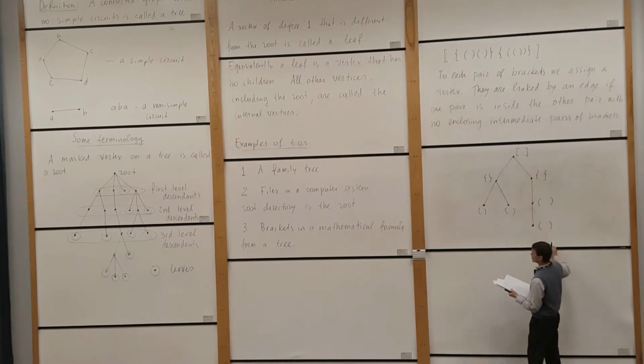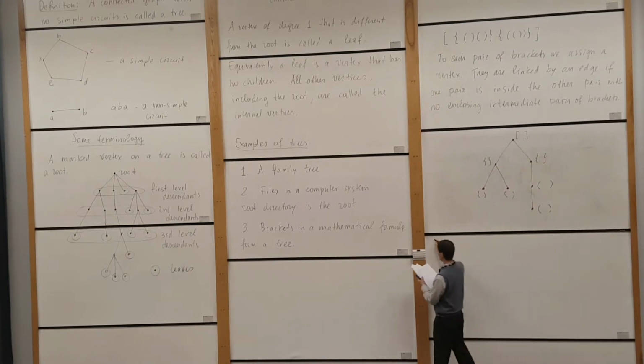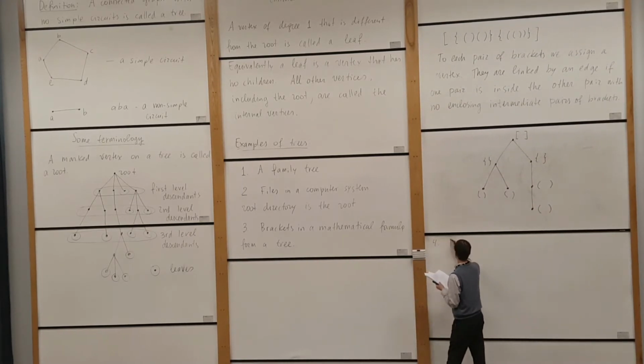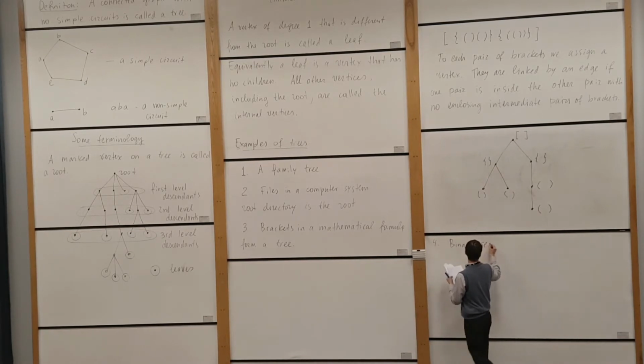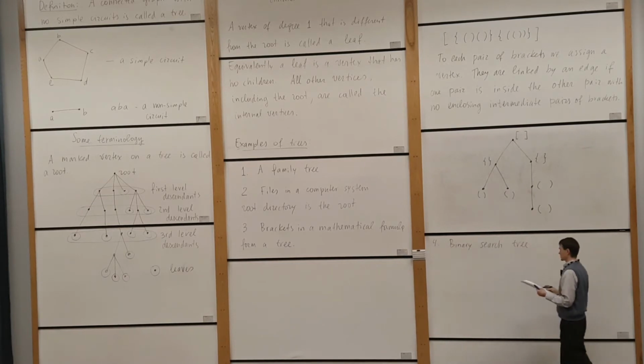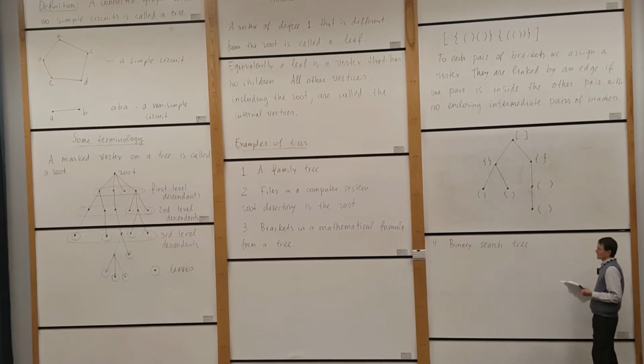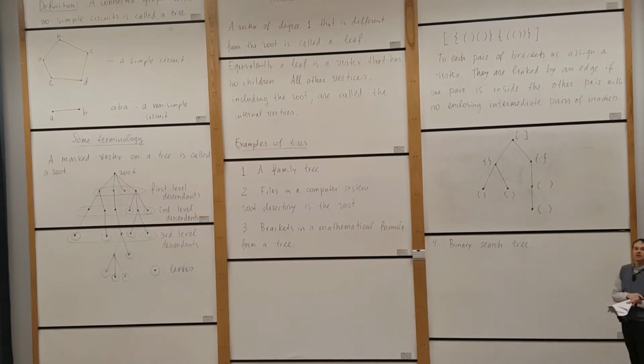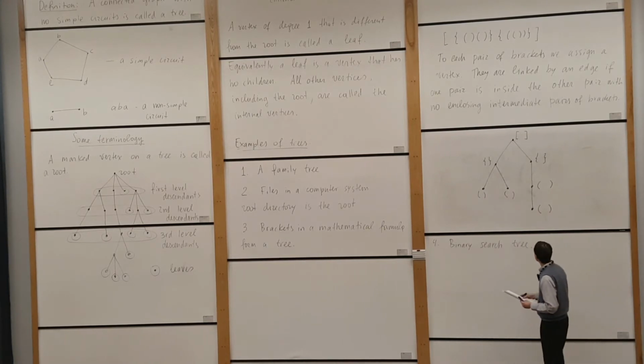Okay, another example, that will be my example 4, is the binary search tree. It's a tree in which each vertex is either a leaf or contains not more than two children.